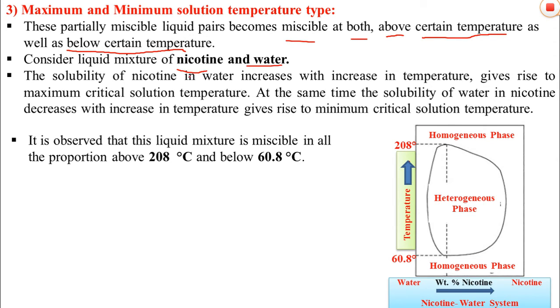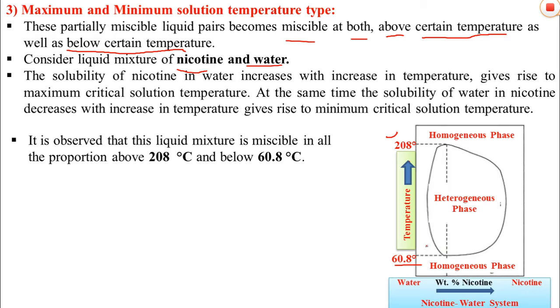In the nicotine and water system, the solubility of nicotine in water increases with an increase in temperature, giving rise to the maximum critical solution temperature here, and at the same time the solubility of nicotine decreases with an increase in temperature, giving rise to the minimum critical solution temperature.